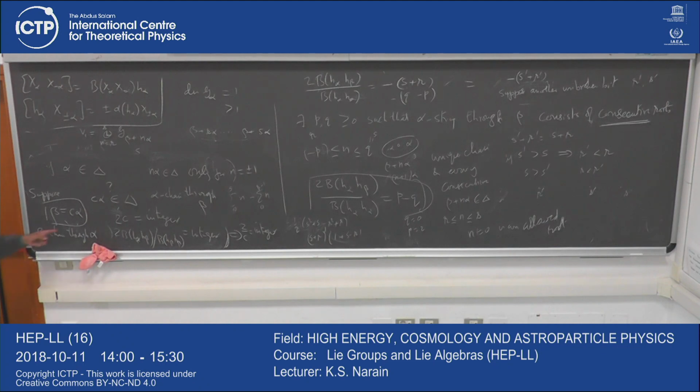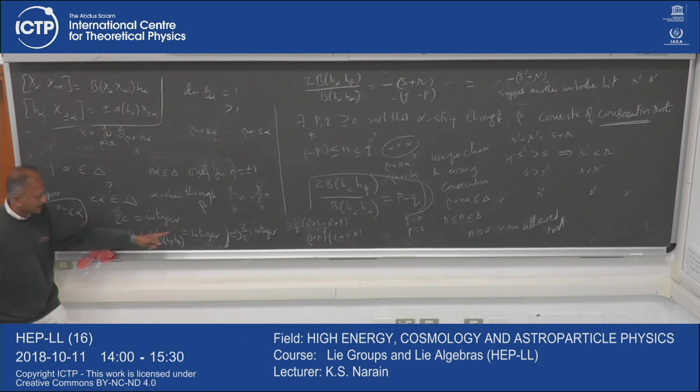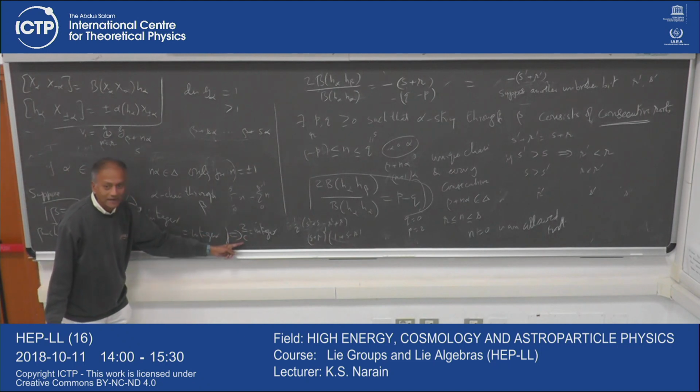So we have two relations: 2C is an integer and 2 over C is also an integer. So there are very few possibilities. C can be 0, of course, plus minus half, plus minus 1, and plus minus 2. That's it, because C cannot be 3 halves. From the first relation C can be 3 halves, but then if you plug that into the second, it becomes 1/3, which is not possible.